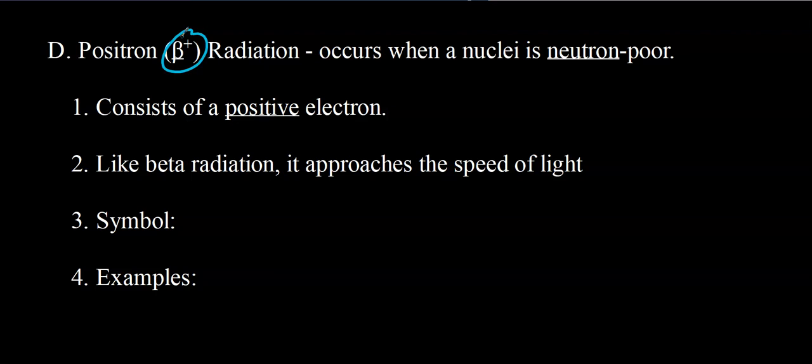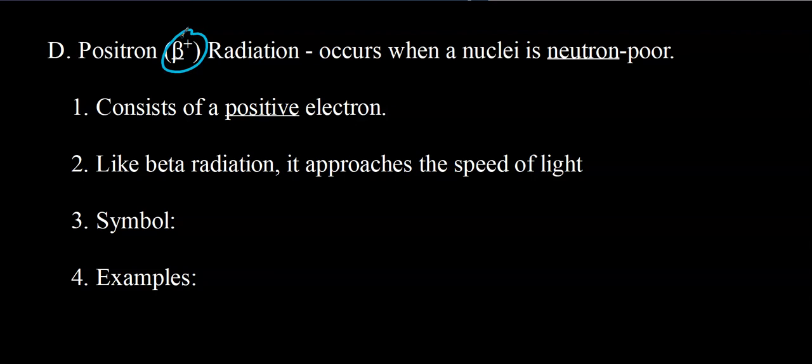So really not a positive electron, but it has the same properties as a positive electron, that being the same mass as an electron, so basically zero, but with a positive charge. Like beta radiation, positrons approach the speed of light, giving them rather high penetrating ability.